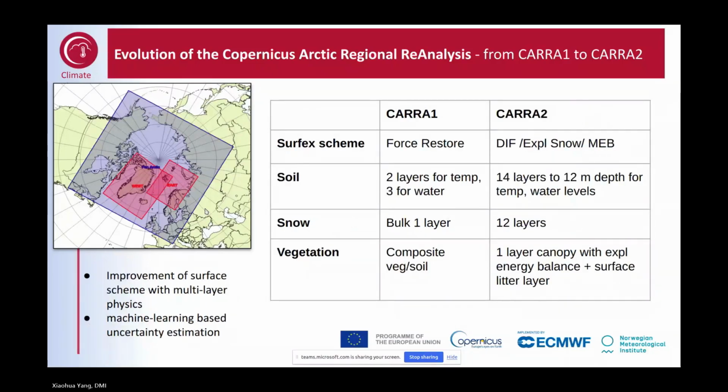One of the major changes, as Harald already mentioned, is the improvement of the surface schemes from relatively simple ones to a multi-layer surface scheme. Basically for both the land surface soil representation and snow, we go from very simple ones to those of many layers, following the trend that is now also ongoing in different weather centers.